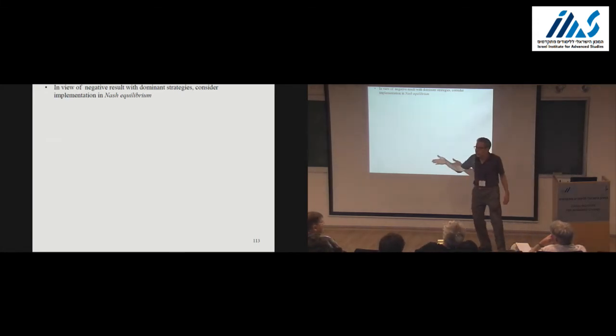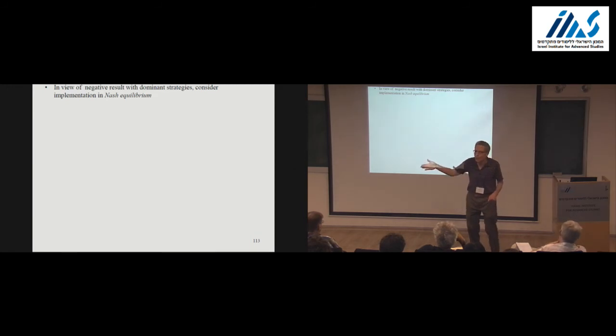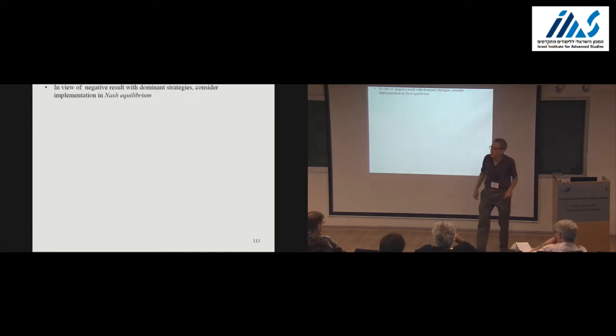Now, we're weakening the equilibrium concept, but of course we're now demanding more of players, because players will have to forecast what other players are going to do in order to figure out what they do themselves.